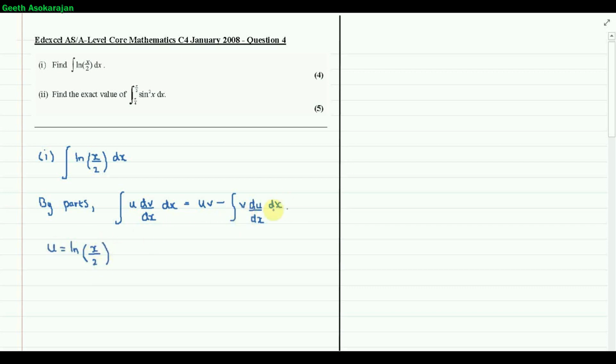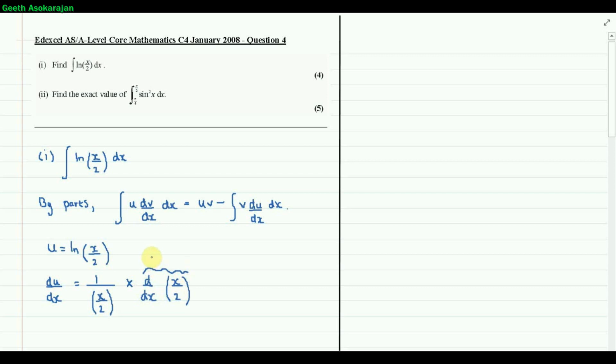And with u, we need du/dx. When I differentiate ln, it's 1 over, so it's going to be 1 over x/2. But you need to multiply by the derivative of x/2.